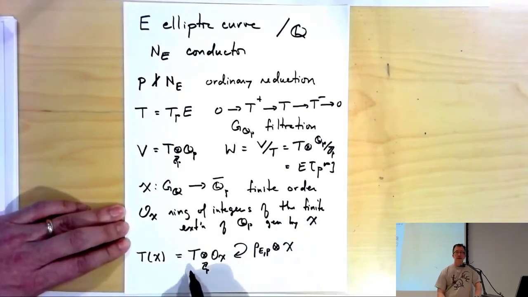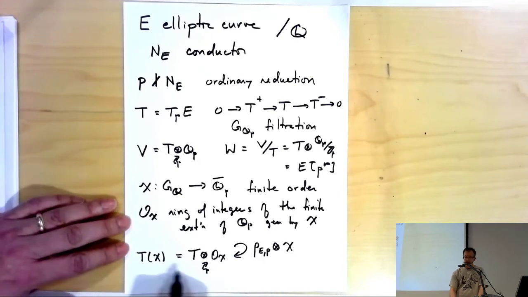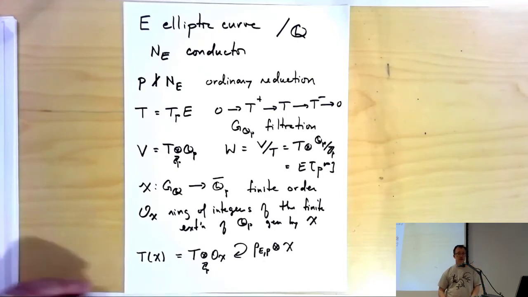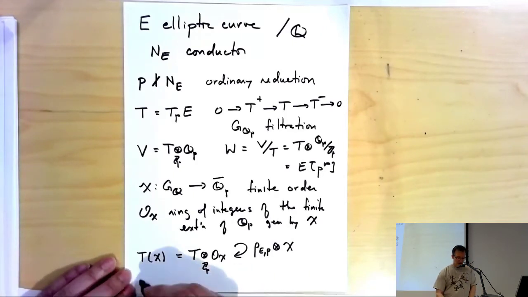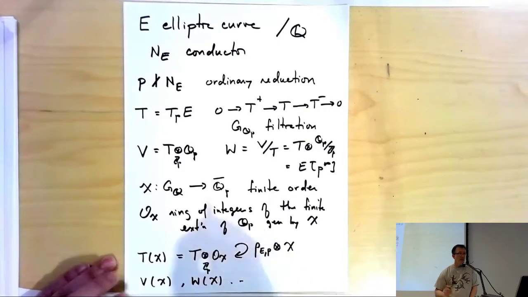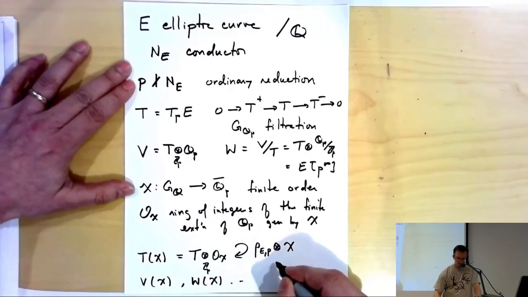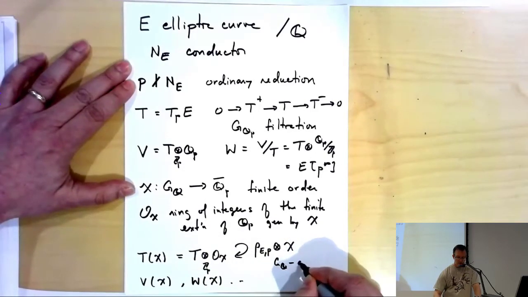So the Galois group of Q is acting by rho of E,P on T, and by the character chi on O chi. So that's what this notation means, T of chi, the twist. And similarly, we'll have V of chi and W of chi, defined in exactly the same way. This is giving me a GQ action.